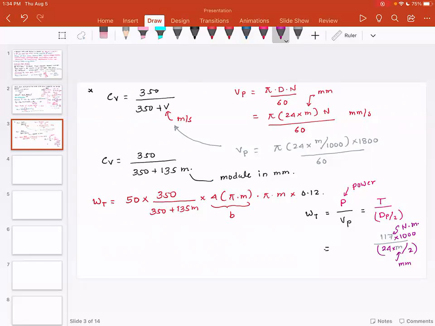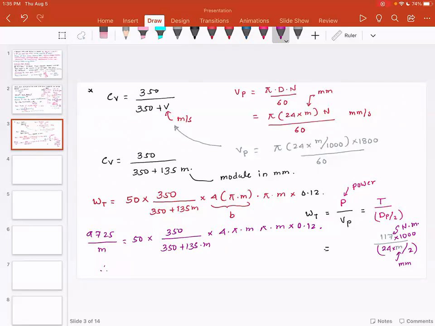So all said and done, you're going to have the equation in terms of m as 9725 divided by m is equal to 50 multiplied by 350 divided by 350 plus 135 m times 4 pi m times 0.12. This equation, as usual, we have to solve using trial and error.